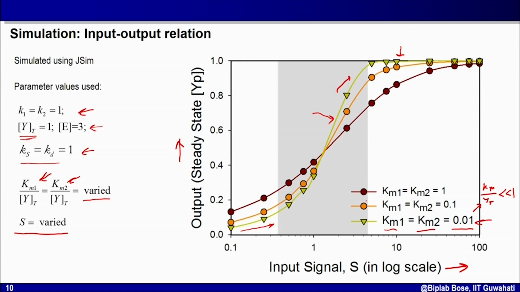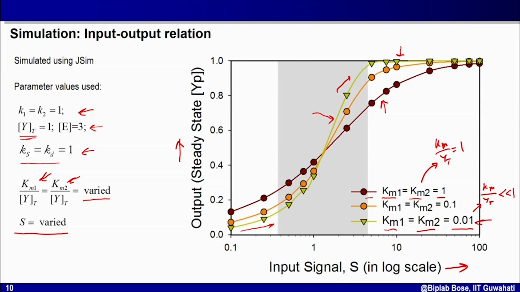Whereas, if you follow this brownish one, where Km1 and Km2 are taken as 1, that means the Michaelis-Menten constant by Yt is equal to 1 because Yt is 1. So in that case, the data is this brownish line.